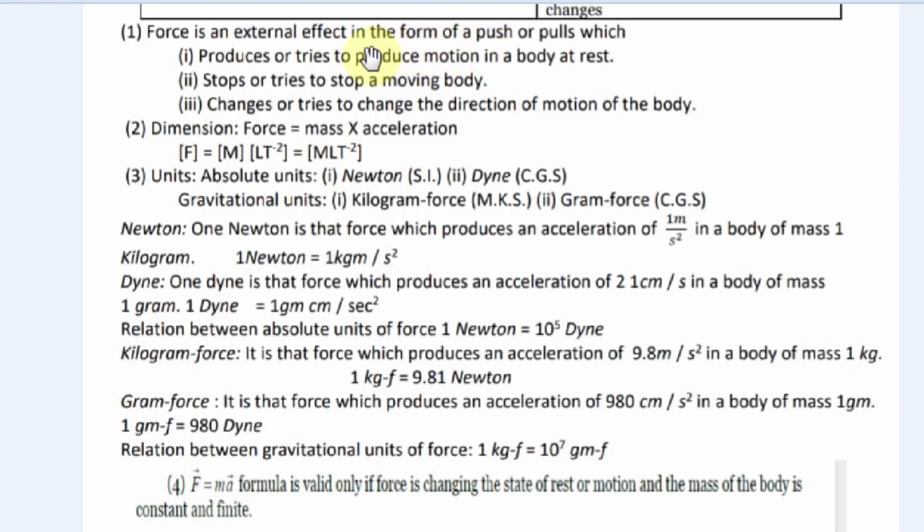So an external effect, in which form? Either you push or pull the object. Then what changes will come in the body? You can see the points and check it. First, it tries to produce motion in a body at rest.